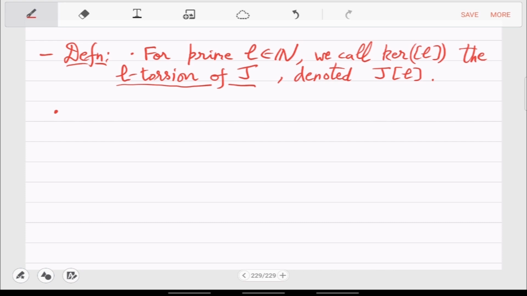So the T_L J, basically just the L power torsion part of J, is kind of J[L infinity].